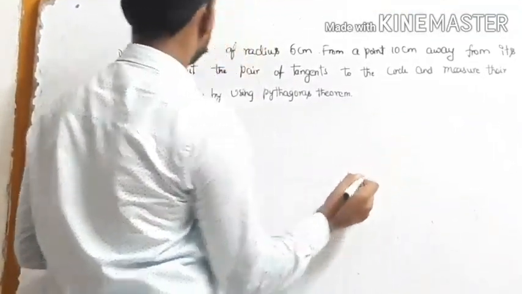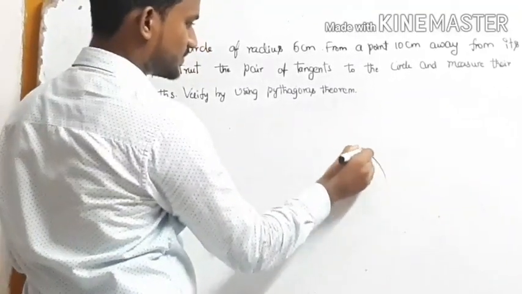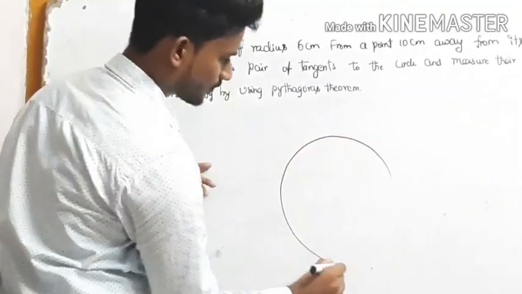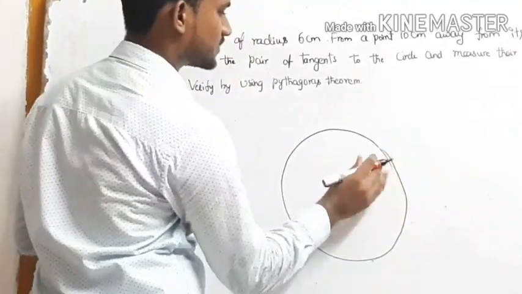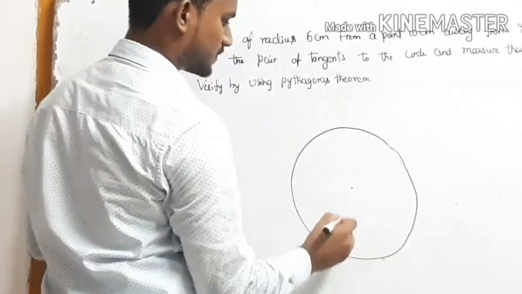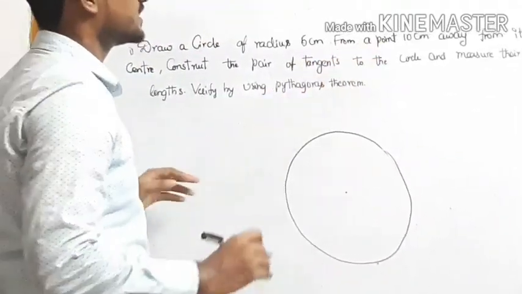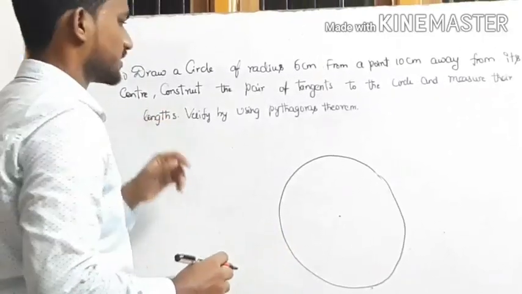This is a circle with radius 6 centimeters. You can imagine this is the length of 6 centimeters. From a point 10 centimeters away from its center.